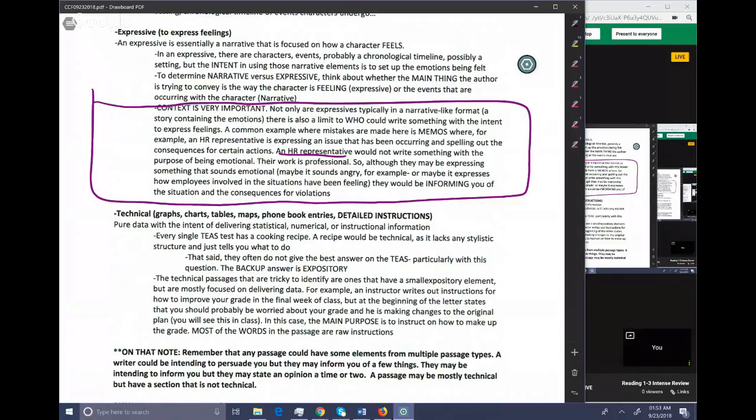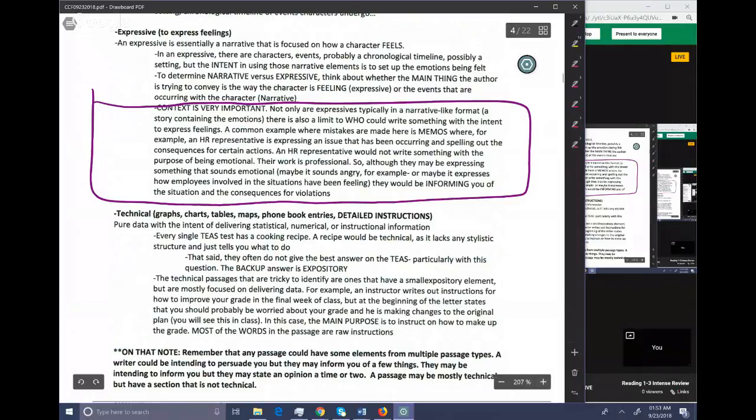They would write something to inform you about a policy or consequences if a policy is violated, or possibly even inform you about how people have been feeling about this situation, which is kind of what happened with the one that I'm describing.